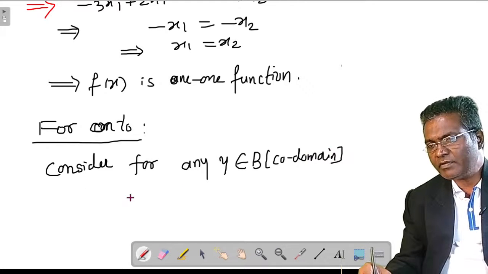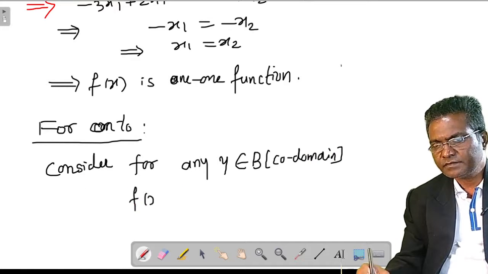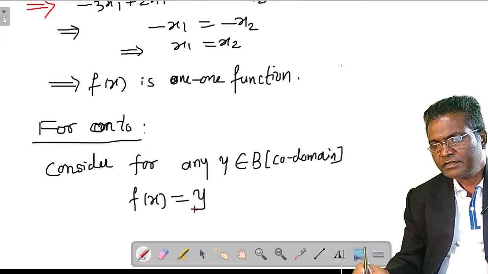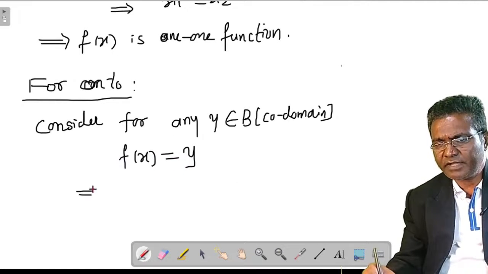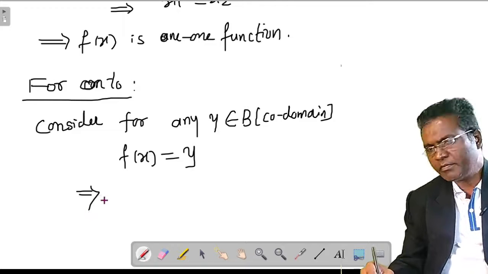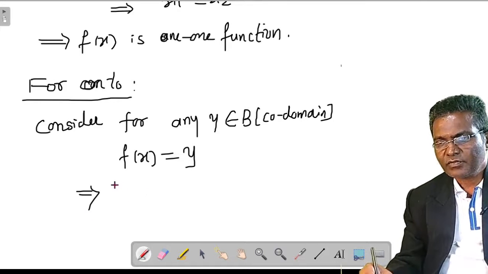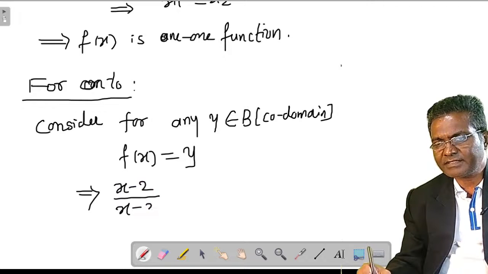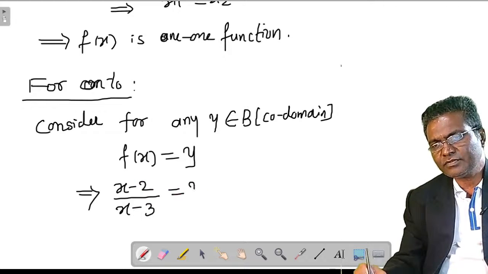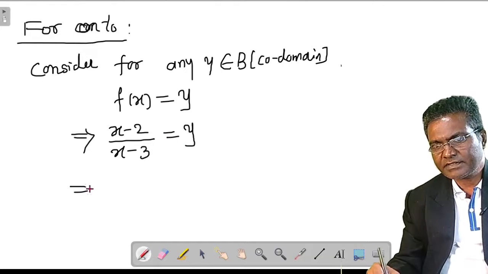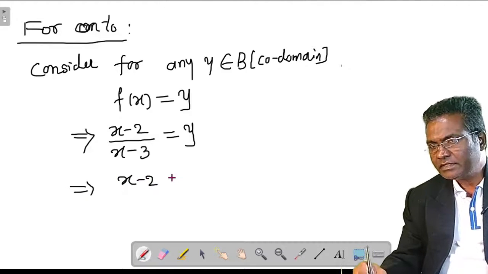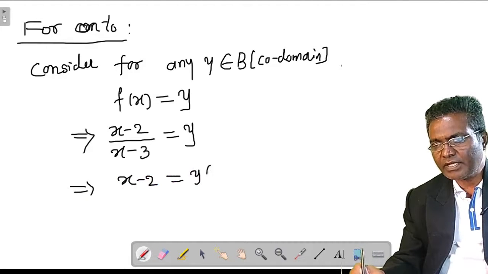Consider for any y belongs to B, f of x equals y. Now you have to find x in the domain. So this implies, what is given, (x minus 2) by (x minus 3) equals y, which implies x minus 2 is equal to y into (x minus 3).